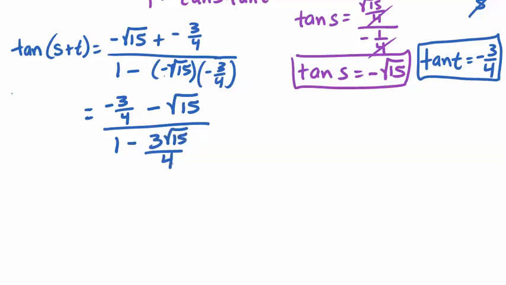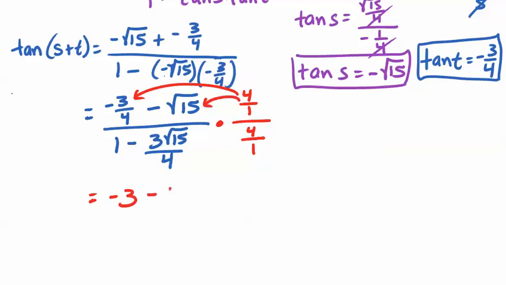And you could do this in two separate steps to clean this up. The first thing I notice is fractions inside of a fraction. So to remove the complexity, I'm going to multiply through by 4. So when we distribute to this term, the 4's cancel. So we'll have a -3. And we distribute times this term.